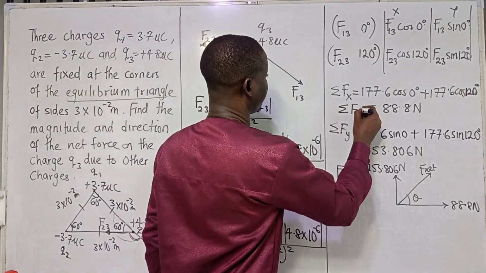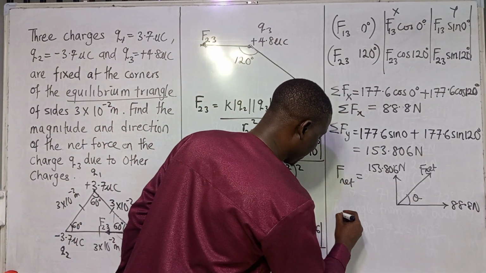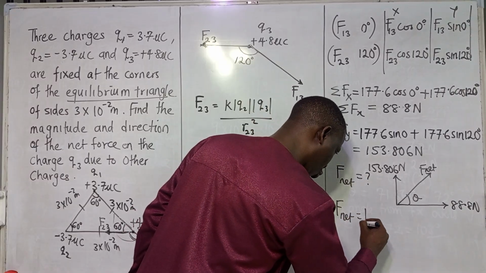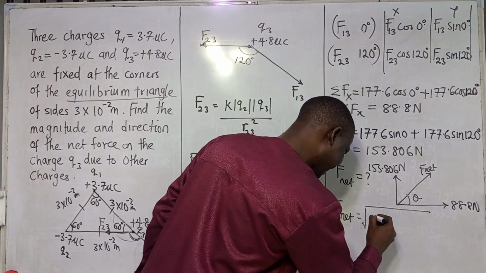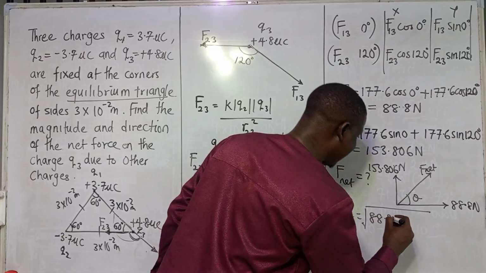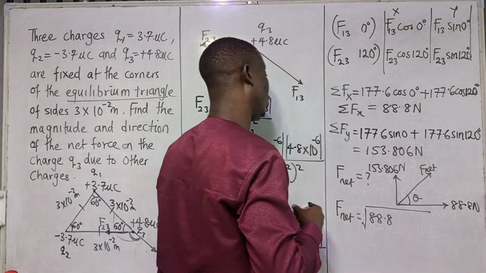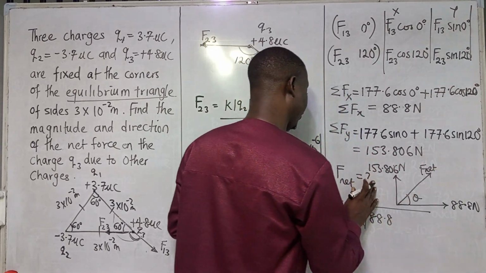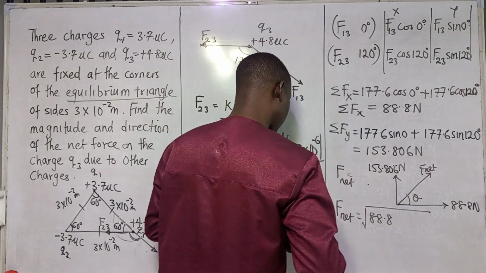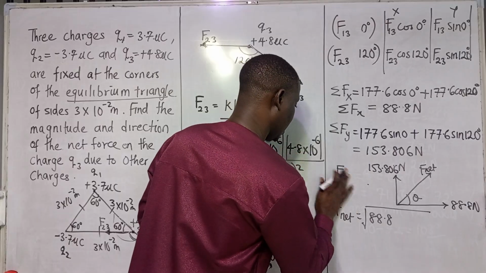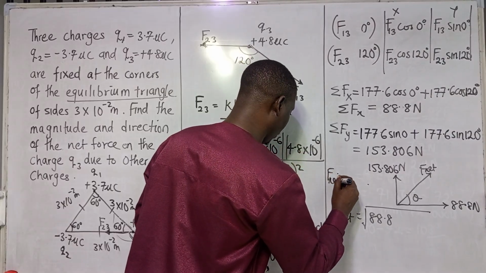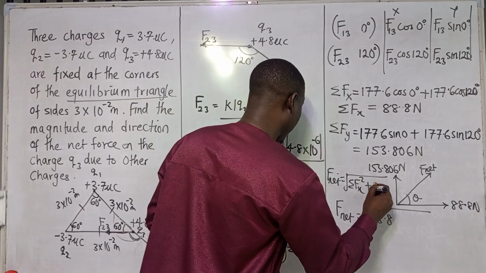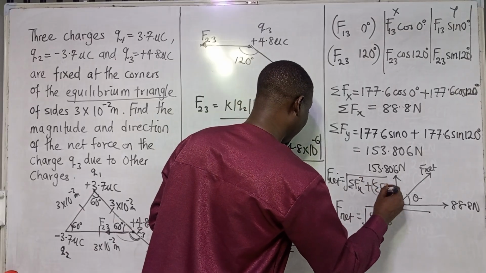Now, we're going to use Pythagoras theorem to find the net force. So net force is equal to the square root of sigma Fx square plus sigma Fy square.